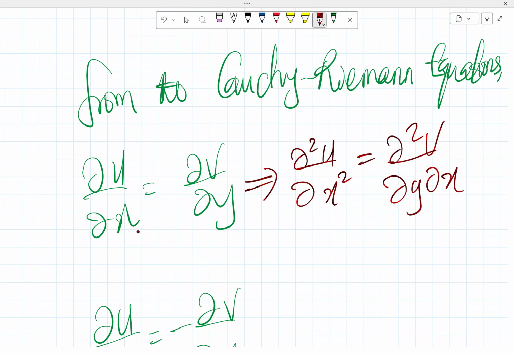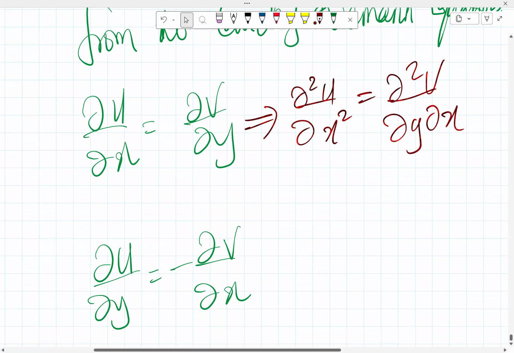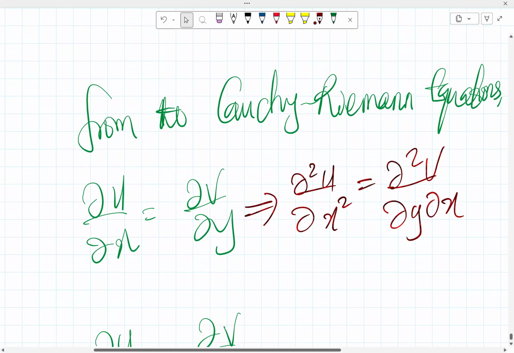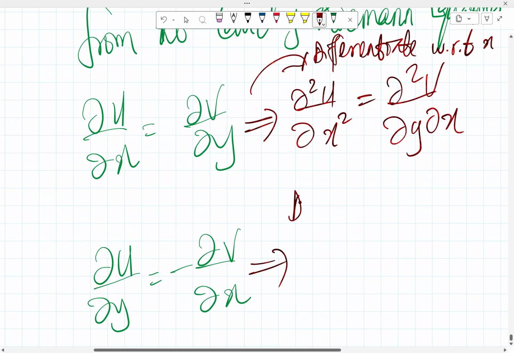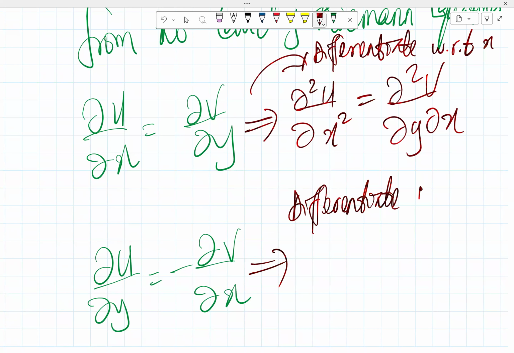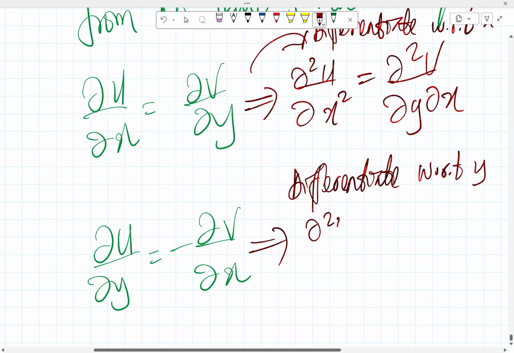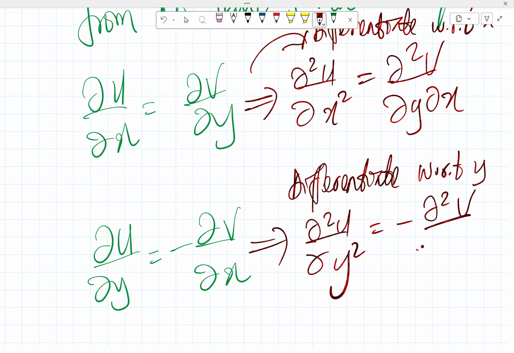Then on the other hand, if we differentiate this with respect to y, what do we get? We have partial squared u, partial y squared equals minus partial squared v, partial x, partial y.